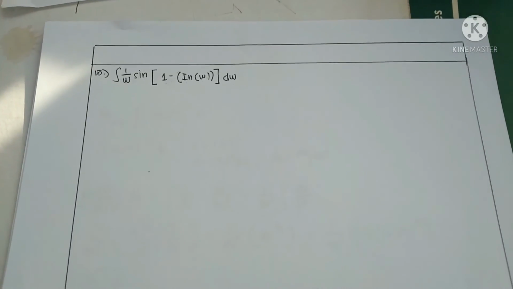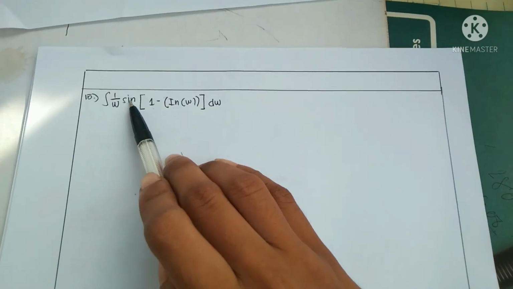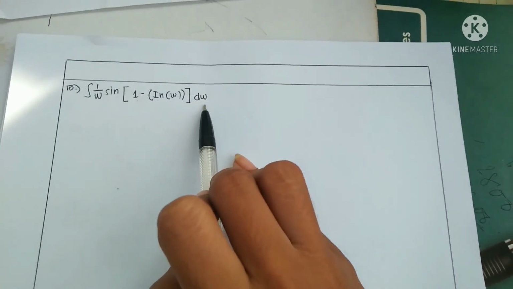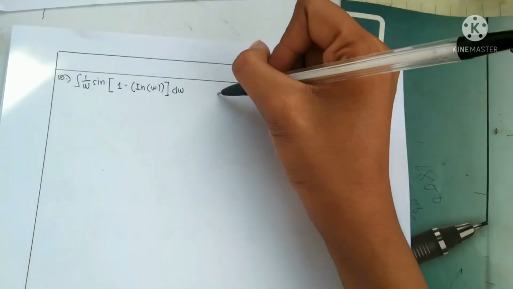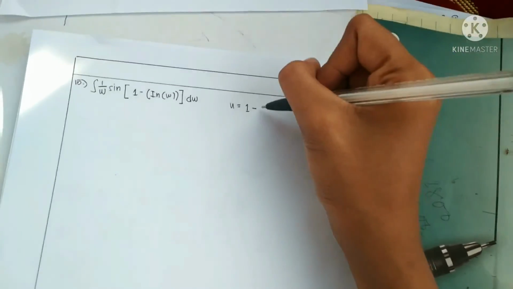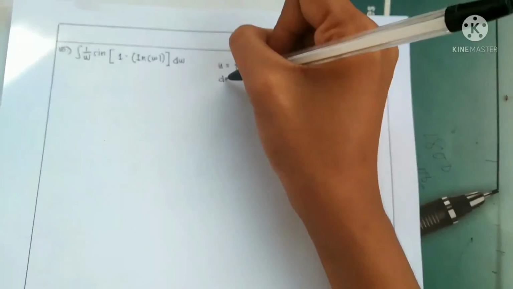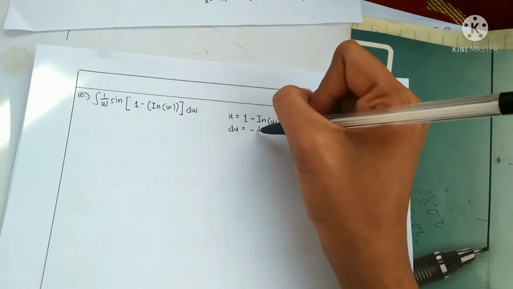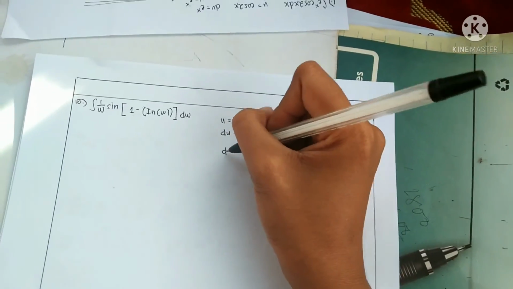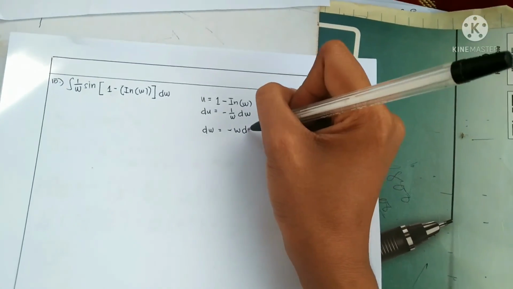So, the last equation that we're going to solve is the integral of 1 over w sine 1 minus quantity of ln w dw. So, first, let us make u is equal to 1 minus ln of w. And our du is equal to negative 1 over w dw. And our dw is equal to negative w du.